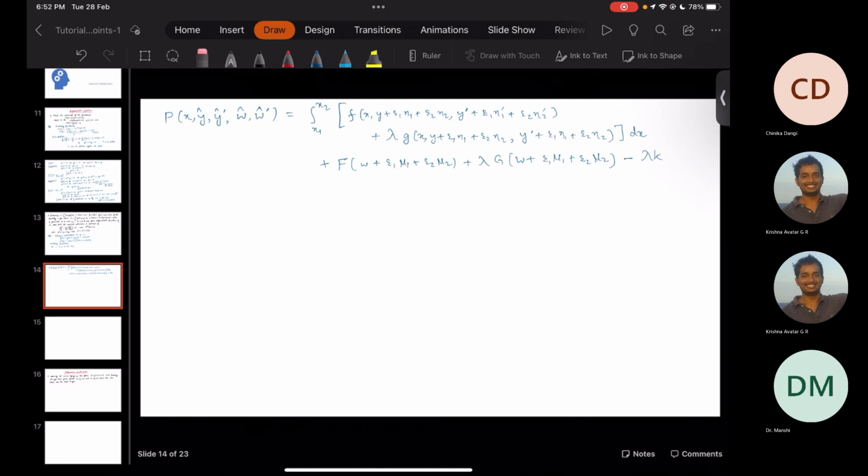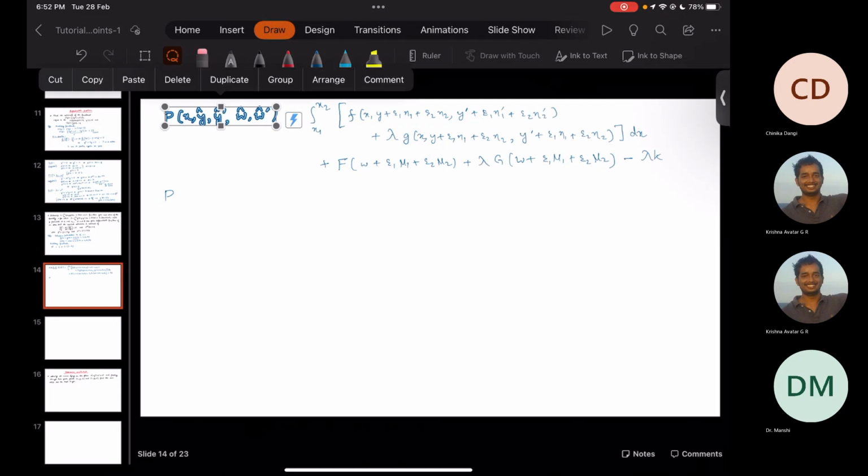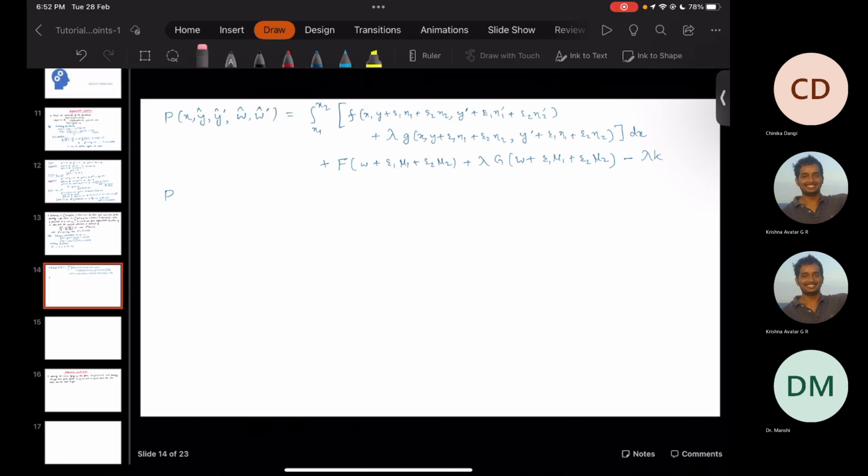So now let's introduce this term, we'll call it as p. I'll just collect this term as well. Copy and then paste.